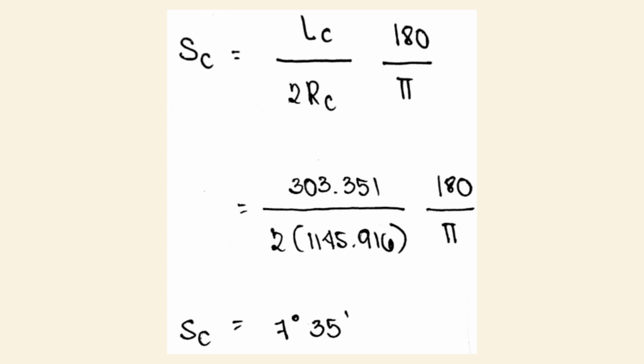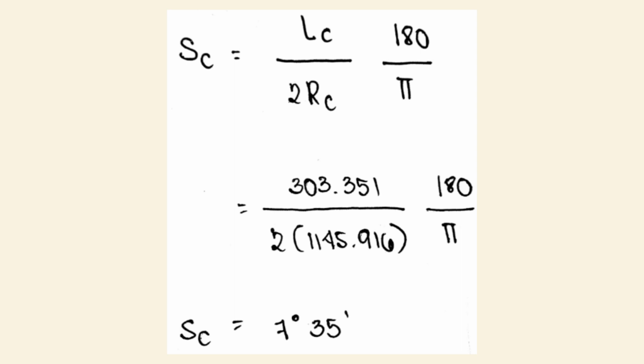Next, for C, we need to solve for the length of the long tangent. So like before, we need to solve first for the spiral angle, the offset distance, and the length of h. So S would be computed the same as before, which is L over 2R multiplied by 180 degrees over pi.